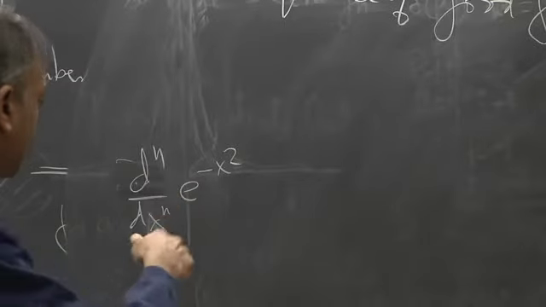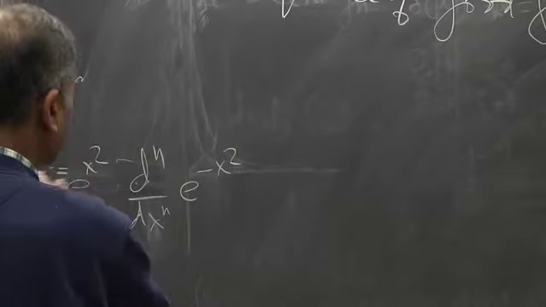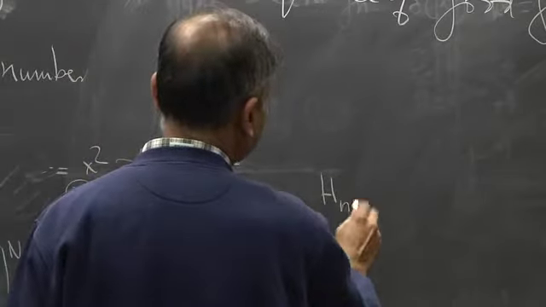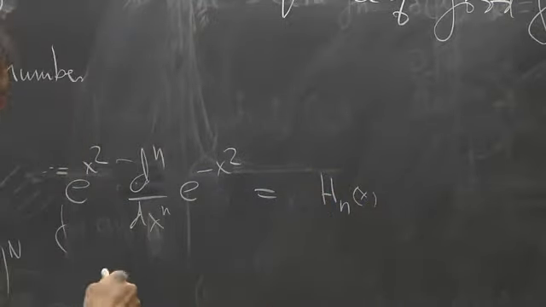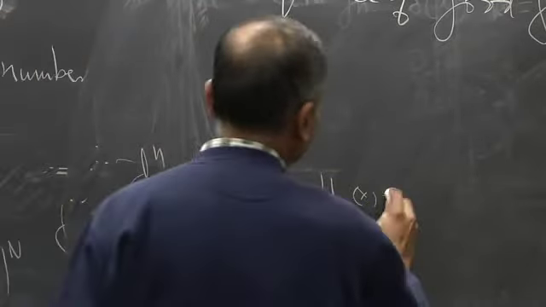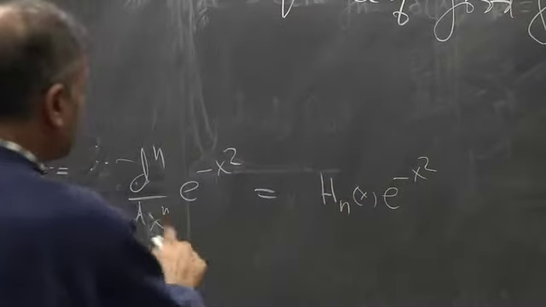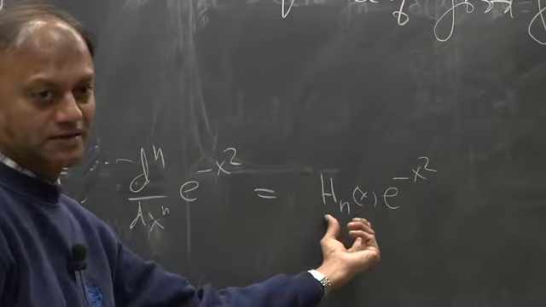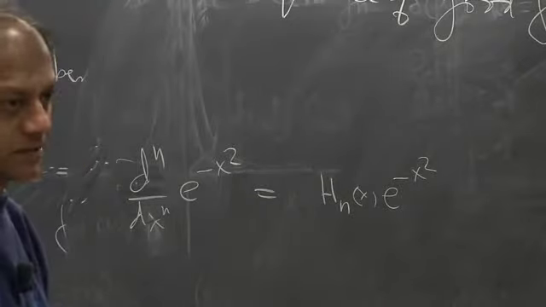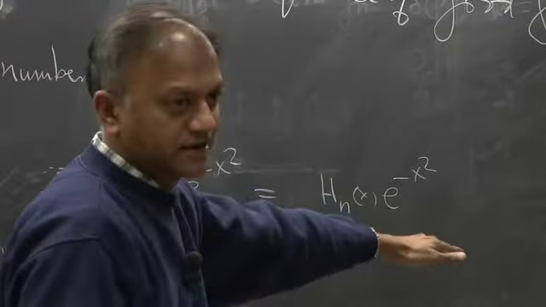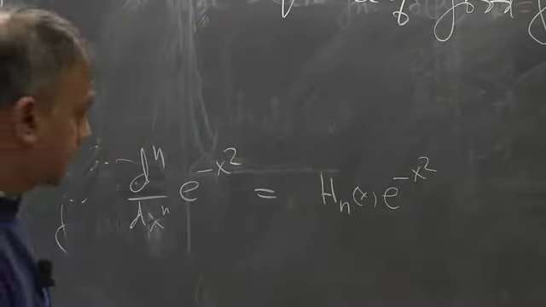Actually, if you multiply by e to the x square, then that is what we defined as Hn of x, up to some normalization. So this is the same as e to the minus x square times an nth degree polynomial. So these derivatives exist, and they are just given by Hermite polynomials times the Gaussian again.